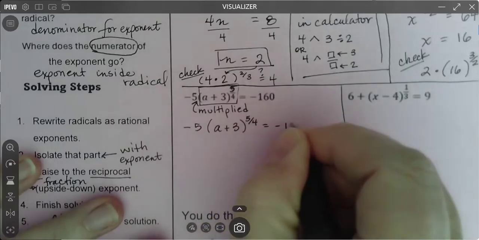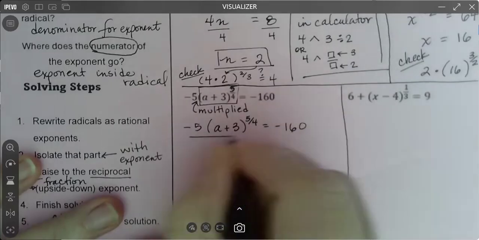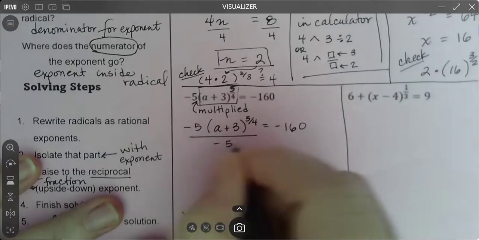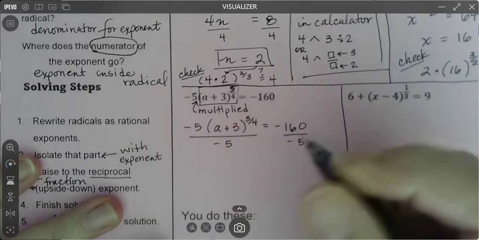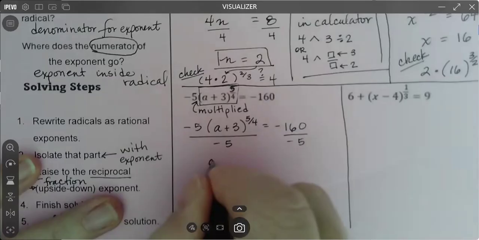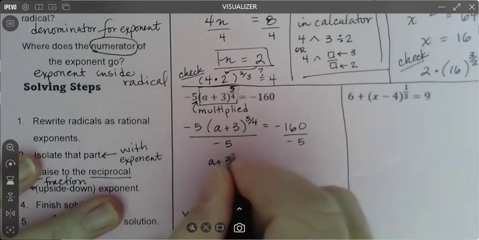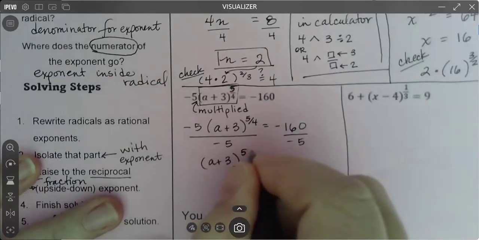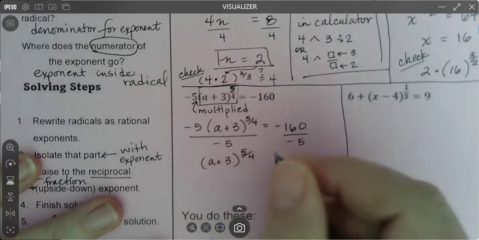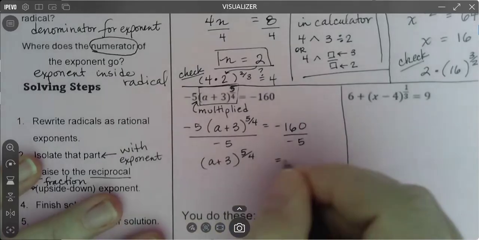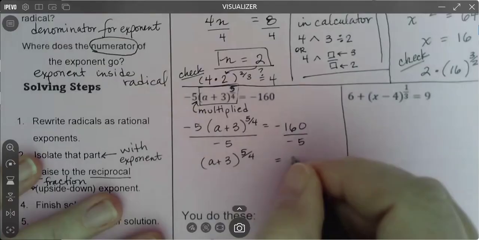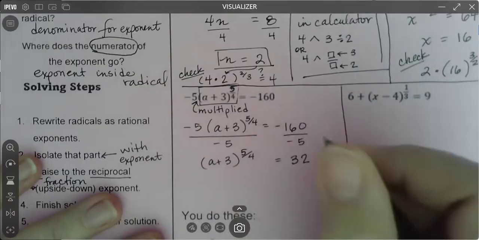Okay, so like I said, first step, divide by -5, which gives me a plus 3 to the 5 over 4 power on the left, and 32 on the right.